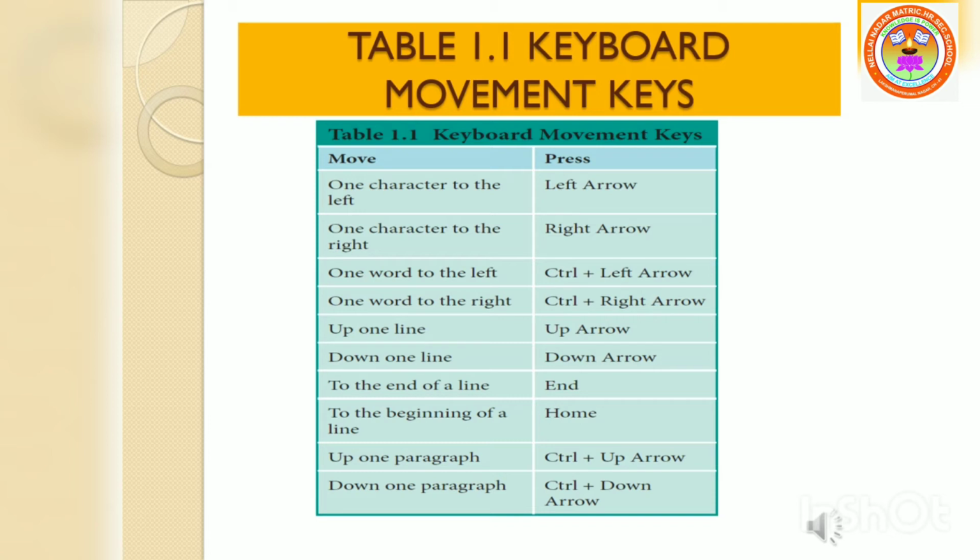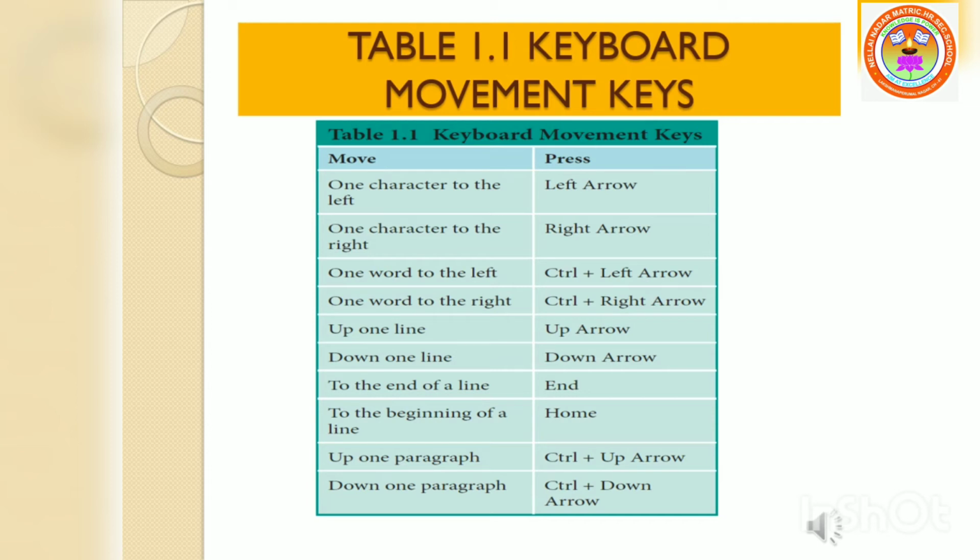Navigation keys are available on the keyboard: up arrow, down arrow, left arrow, right arrow. One character to the left means one letter to the left. Character is nothing but one letter or one alphabet. One character to the right means the right arrow.